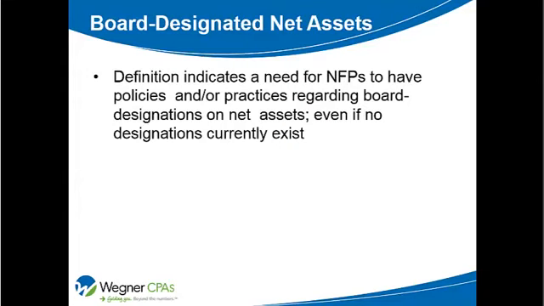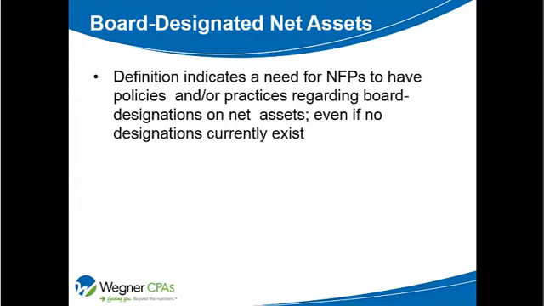So this is one thing that we feel a lot of nonprofits are not going to have yet, and they need to start working on this and have the board pass a policy that states how exactly does the board go about designating certain items. Is it via a board vote? Is it the board president gets to make the decision? Is it the board treasurer gets to make the decision? Has the board delegated the authority for these designations down to management, someone like the executive director?